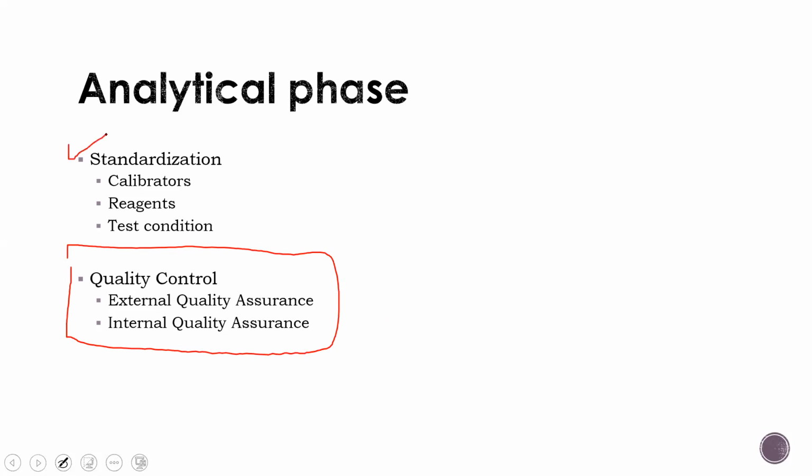Remember the reference materials na sinasabi natin? We always have to stick with the standards. In terms of standardization, meron tayong kailangan gamitin. We need calibrators, we need reagents or control materials, and dapat maganda yung test condition natin.